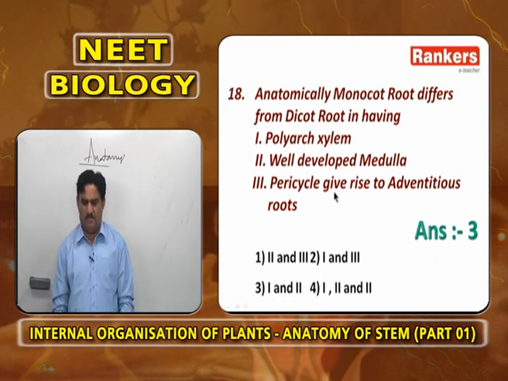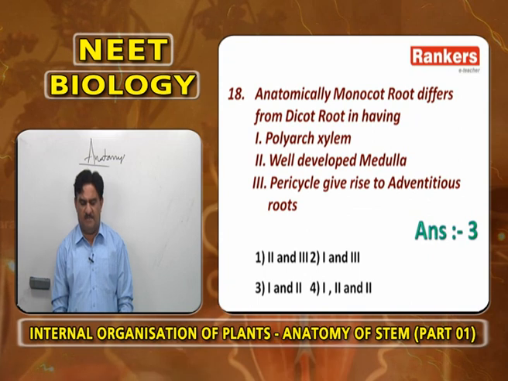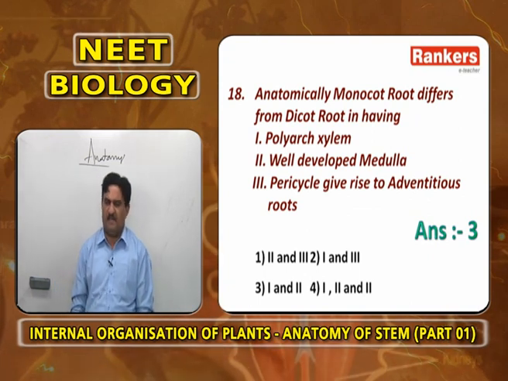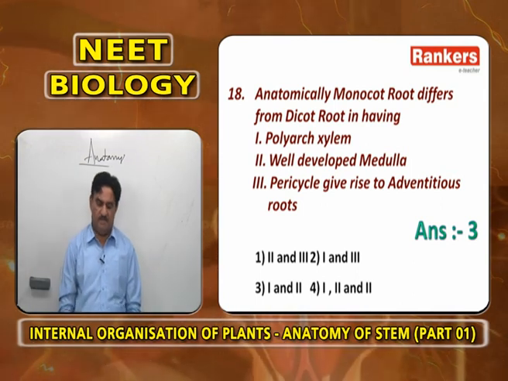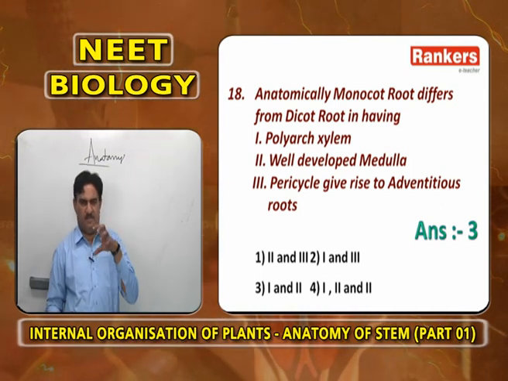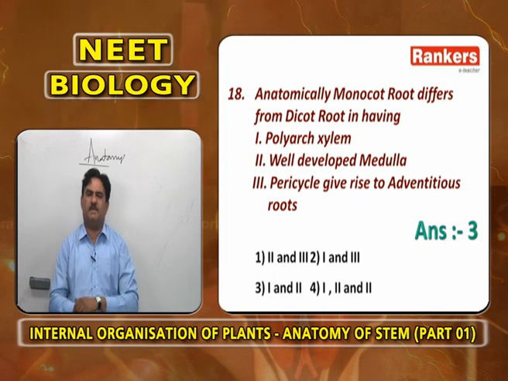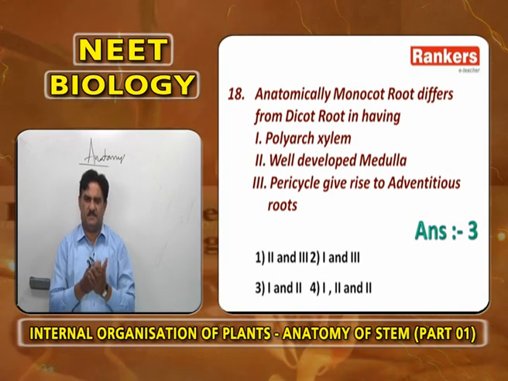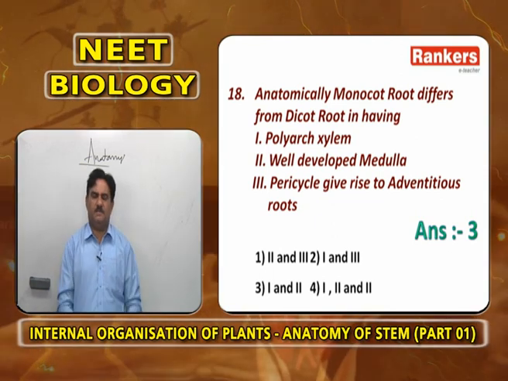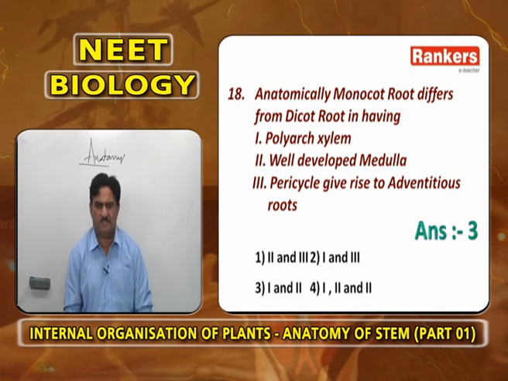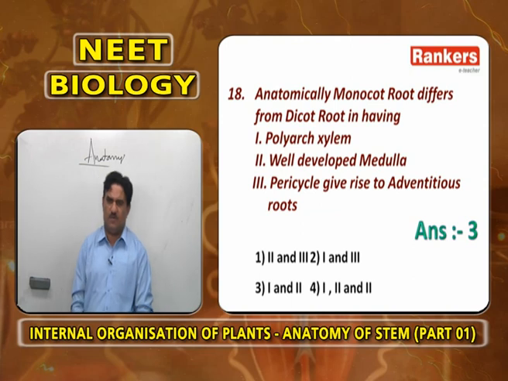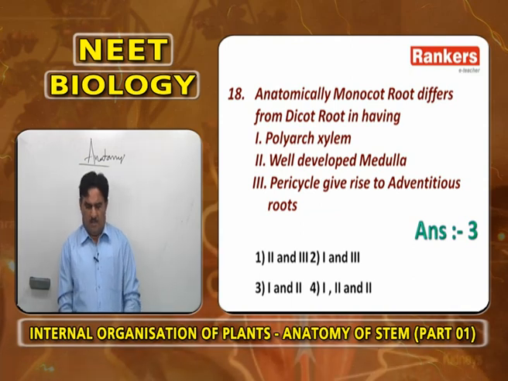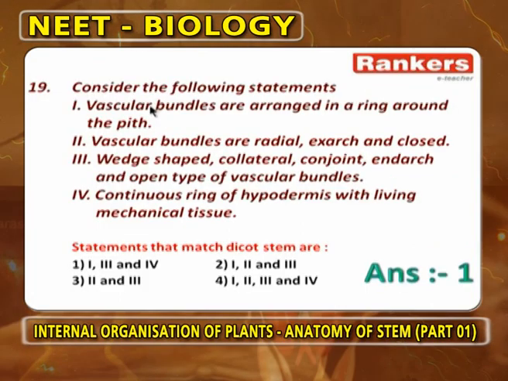So, anatomically monocot root differs from dicot root in having polyarch xylem, numerous xylem vessels alternating with phloem, radial vascular bundles, and well developed medulla. In a monocot root at the center a permanent prominent parenchymatous medulla is present, whereas in a dicot root that medulla is very much reduced or crushed due to the extensive growth of metaxylem vessels. So, answer for this is 1 and 2. Polyarch xylem and well developed medulla are found in monocot root.